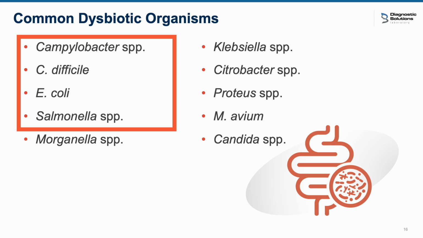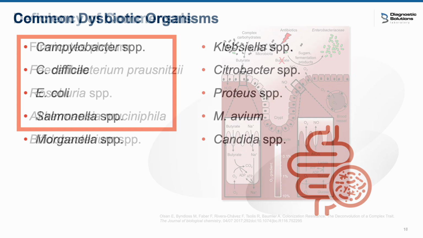And then beyond that, the other organisms here are commonly found as overgrowth patterns in inflammatory bowel disease, either at onset of condition or years into the condition, either flared or in remission. We will often see overgrowth of these organisms. And all of these organisms will perpetuate low-grade inflammation, which can keep disease states higher.